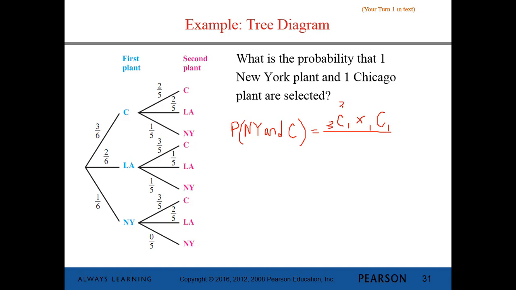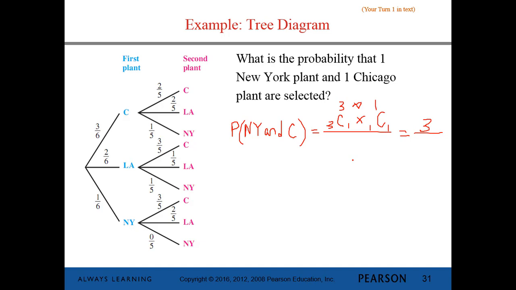This is going to be 3, and this is going to be 1. Okay. So now we know the top number is going to be 3.